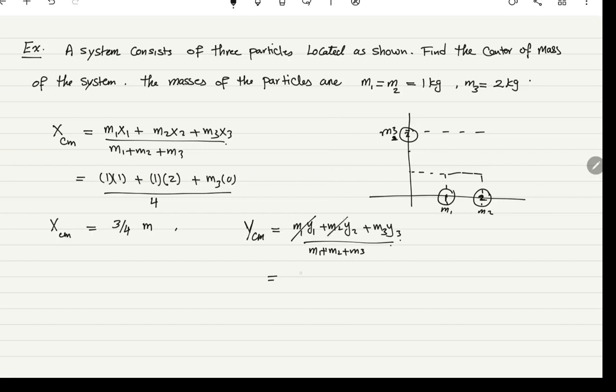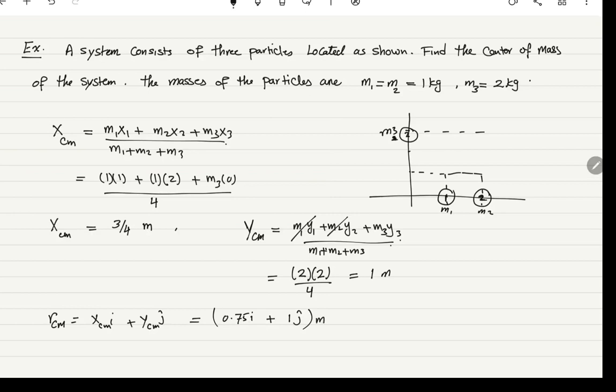So it's equal to 2 times its position 2 divided by the total mass, 4, which is 4 divided by 4, equal to 1 meter. Our center of mass in this case is equal to x center of mass i hat plus y center of mass j hat, or 0.75 i hat plus 1 j hat in meters.